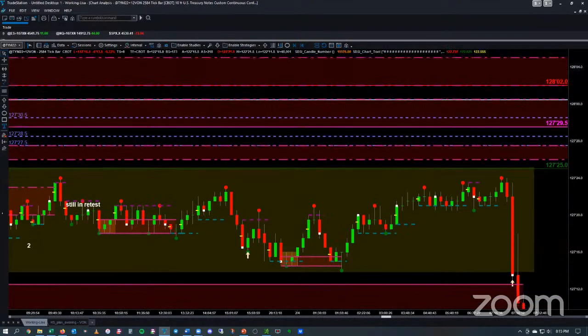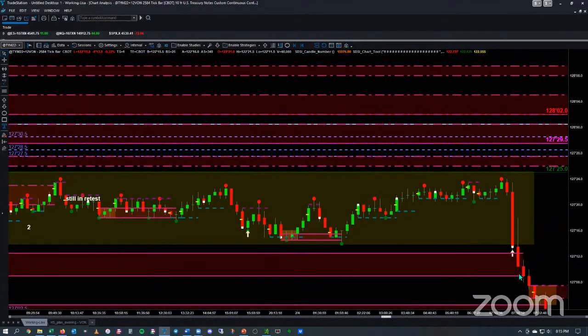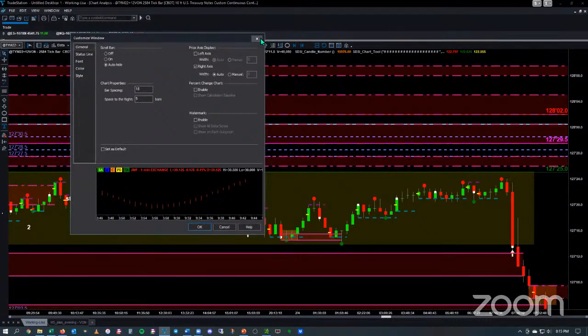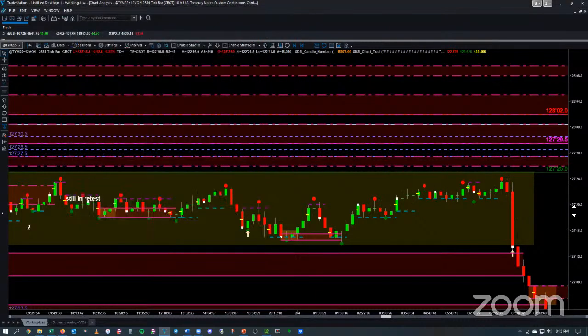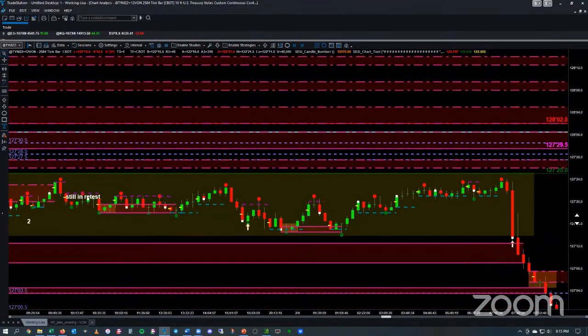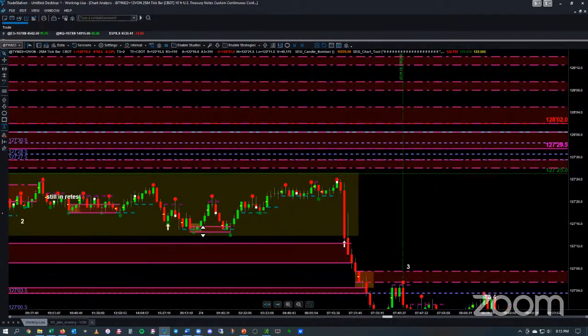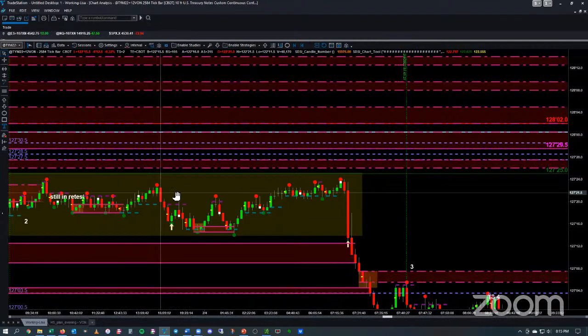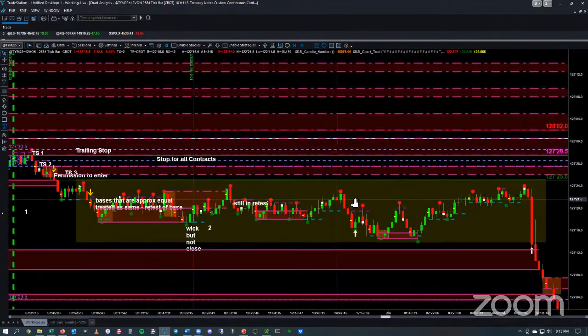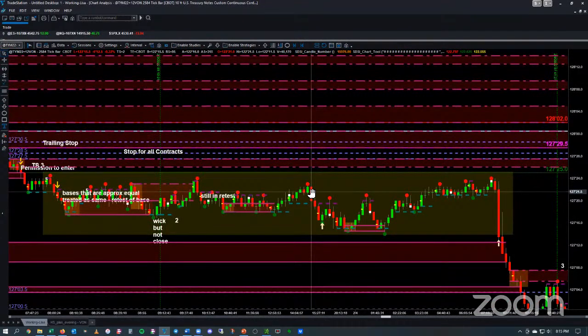And here's when price finally breaks out of all this sideways action. At that point, we're looking at moving our trail stop again. I'm going to have to scrunch this up a little bit so you can see where we move it. There's a balance between seeing what's going on.